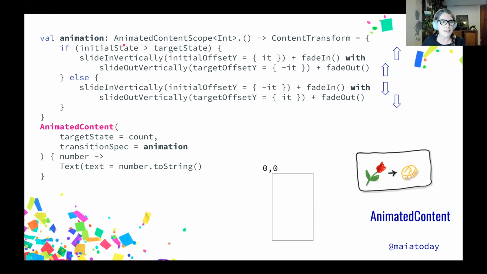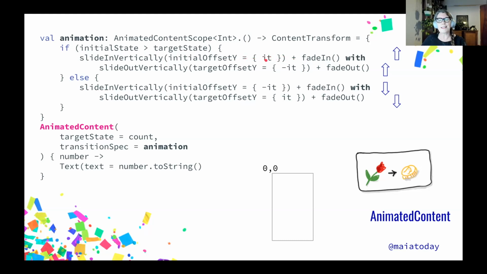The else case. The thing to know here is there's this infix operator, with. This is an enter transition, and this is an exit transition. So it's saying, what should I do for the thing that's coming in, and what should I do for the thing that's going out? The thing that's coming in slides in vertically.